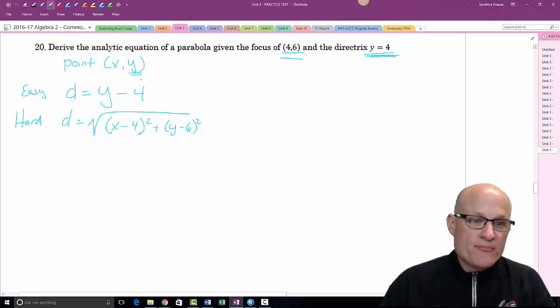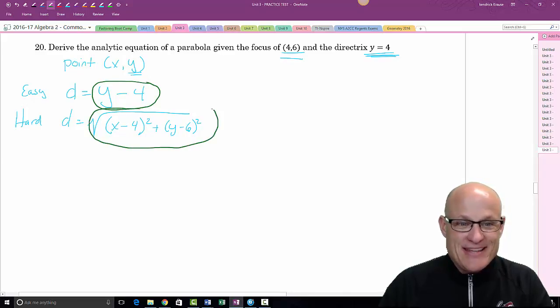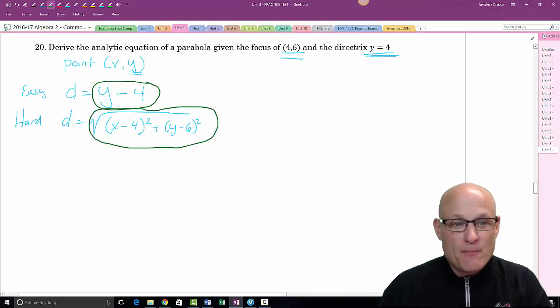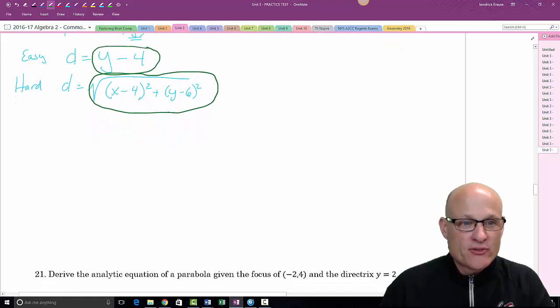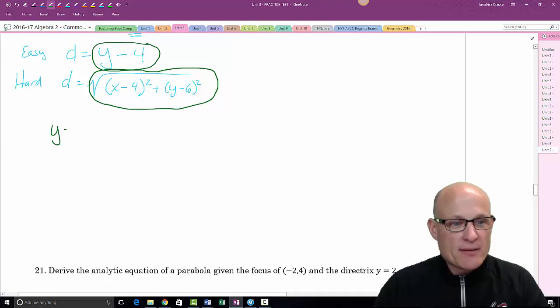Well, the definition of a parabola using focus and directrix says that these two equations must be equal to each other. So that's what we're going to do. We're going to set those equal to each other. So y minus 4 is going to equal the square root of x minus 4 squared plus y minus 6 squared.